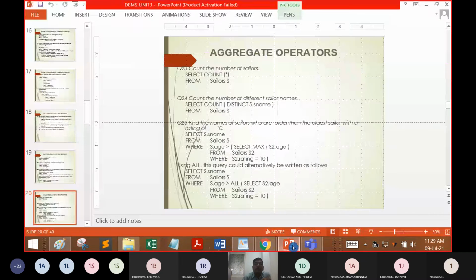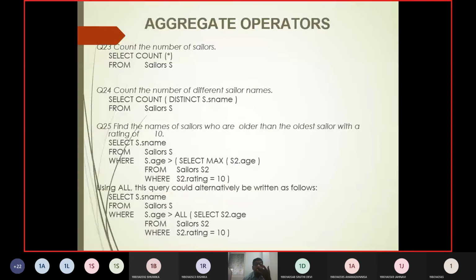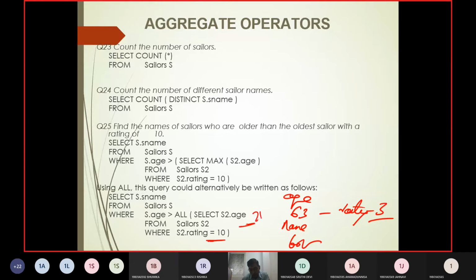Now what was the question we need to answer? Already we got in the first part, that is 63, rating is 3, and the name was Bob. Now what we are going to do is select s2.age from sailors whose rating is equal to 10. So we will have 2 instances.